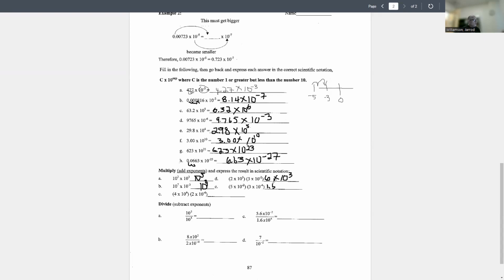1.5 times 10 to the negative 5. 4 times 2 is 8. 10 to the 4 and 10 to the negative 6. That'll be 4 minus 6, be 10 to the negative 2.